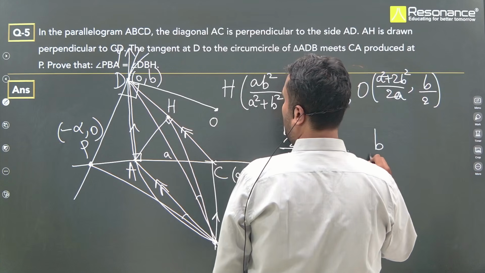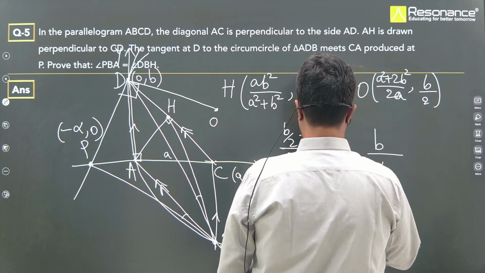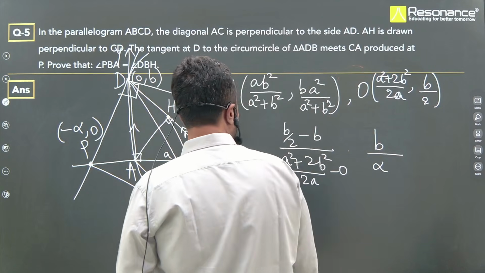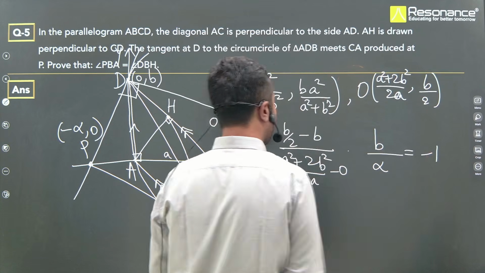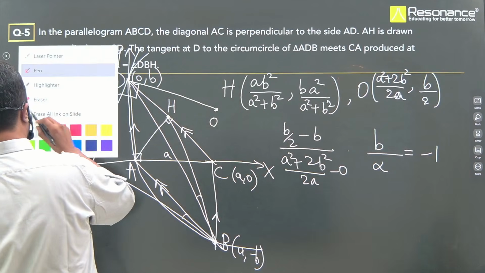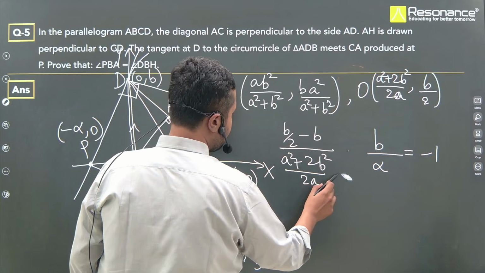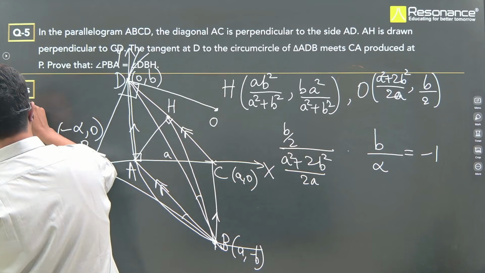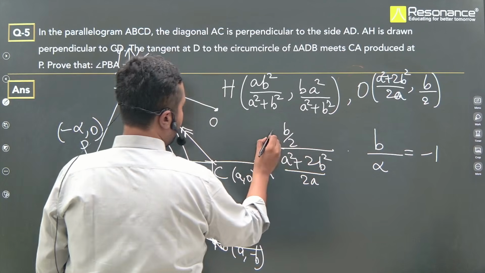That's B divided by alpha. B minus 0, 0 minus alpha, right? So this product needs to be -1. So the numerator, let's simplify these things now. The numerator is just minus B by 2. So let's remove that. Minus B by 2.